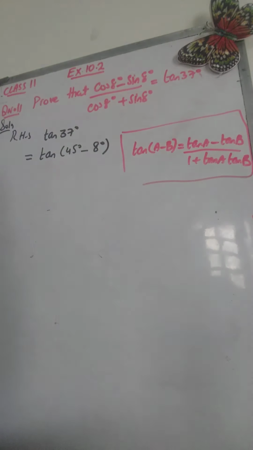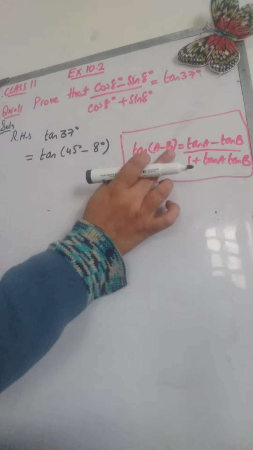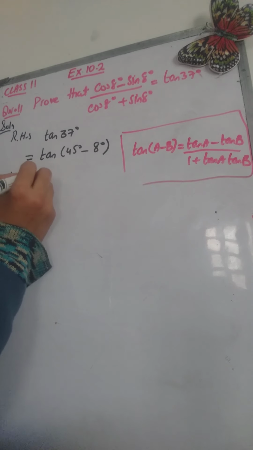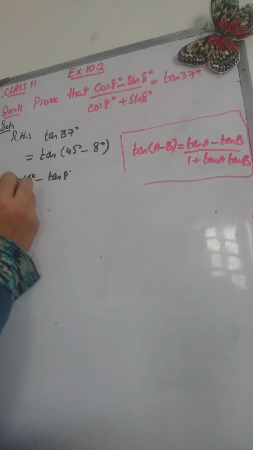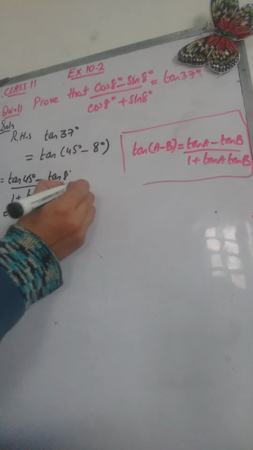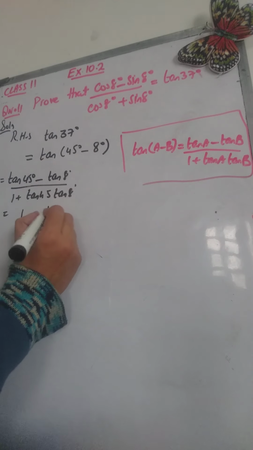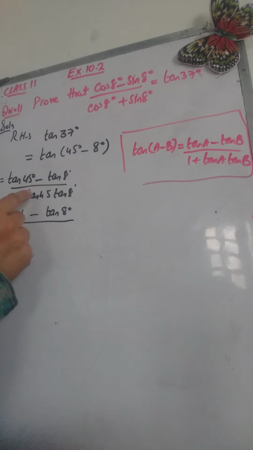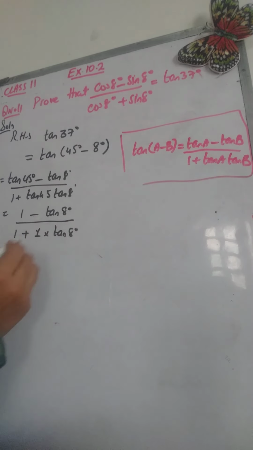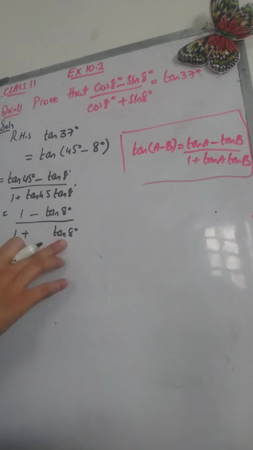We apply this identity as a formula here: in place of A we have 45, in place of B we have 8. Tangent 45 we know is 1, so the numerator is 1 minus tangent 8, and in the denominator 1 plus tangent 45 tangent 8 is 1 plus tangent 8. So the expression we got is (1 minus tangent 8) over (1 plus tangent 8).